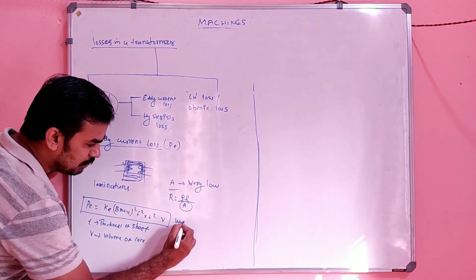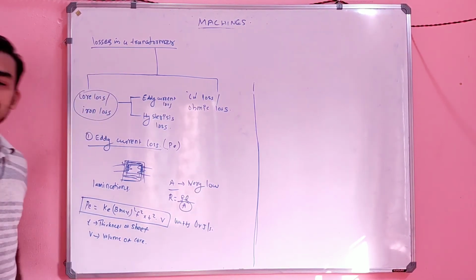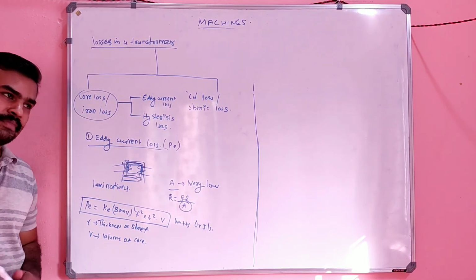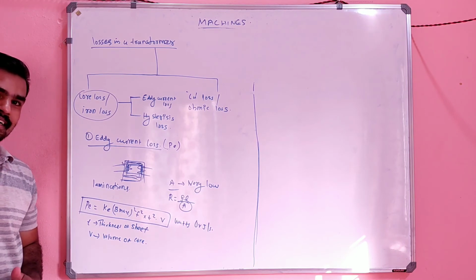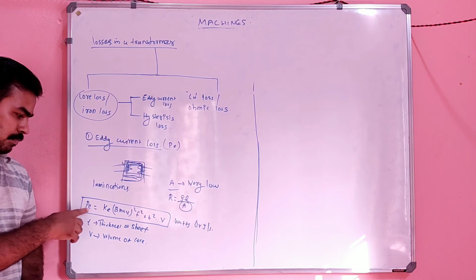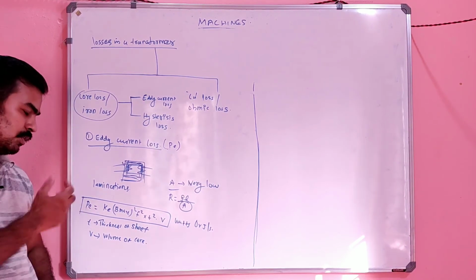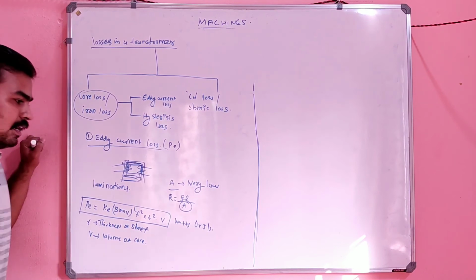This much watts, my dears, or joule per second. The another unit of watt is nothing but joule per second. How does it come? Power is equal to work done by time, joule per second. Power equation, eddy current loss, right?